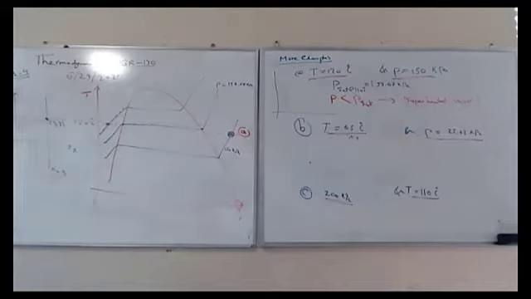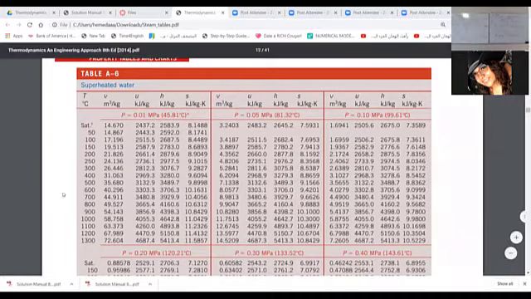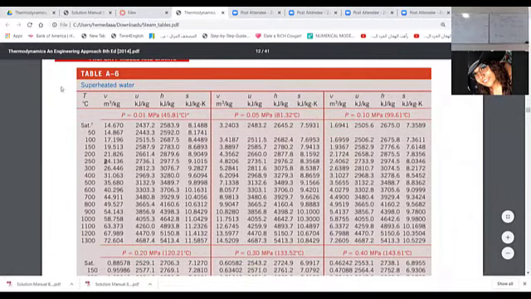I'm going to share it again for a minute. Let's share it. So if you see now table A6, I think you can see it now. What happened here, guys, in this table? This is table A6. This is superheated water.